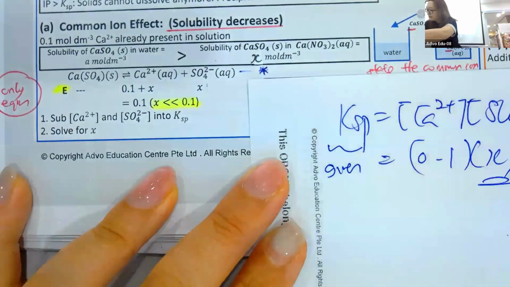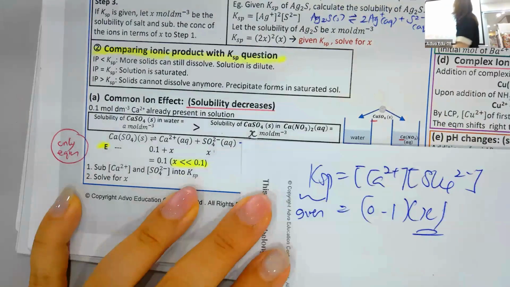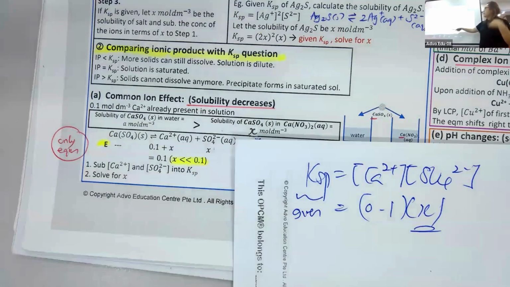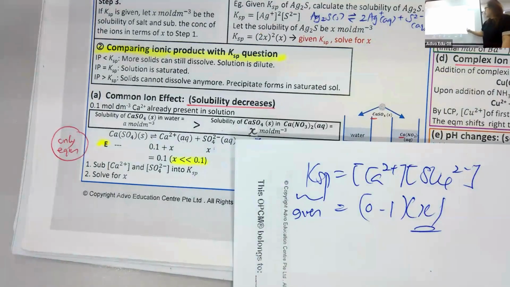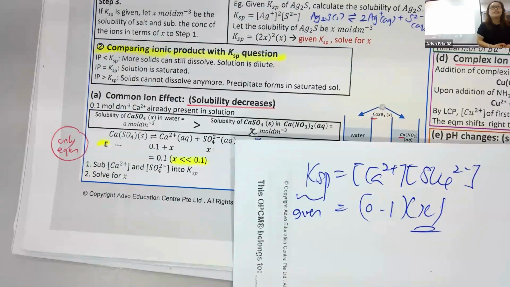Something like that. Here's the value that has to be given to you in the question here. Calcium 2+ is something as 0.1. Sulfate is something as x. Then you solve for x, that's all. Okay? So that is proving that solubility indeed decreased by calculations.